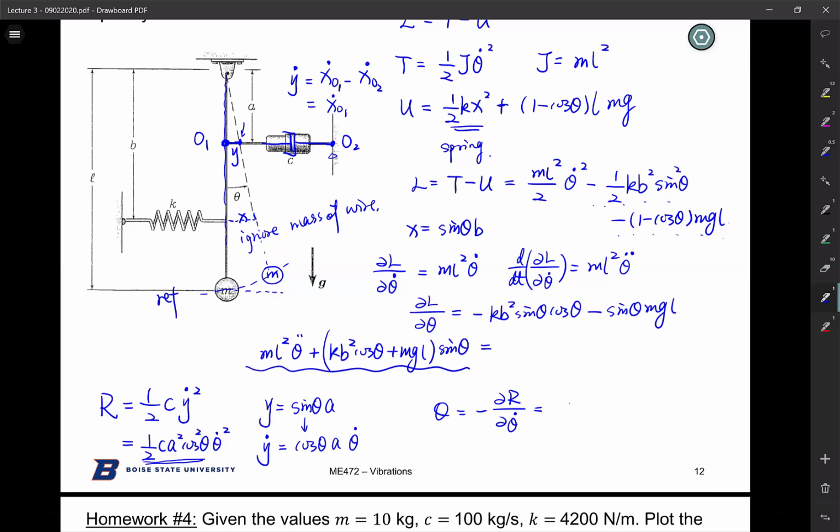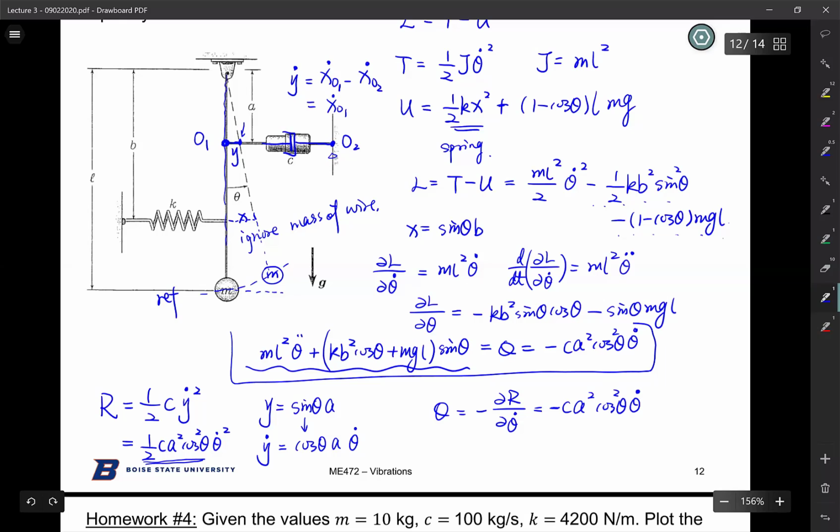That means it becomes c a squared cosine theta squared theta dot. And remember, there is a minus. So you can plug this Q back in: Q equals minus c a squared cosine theta squared theta dot. So that's going to be the final equation of motion.